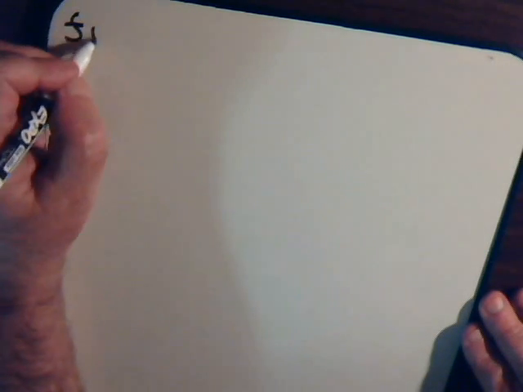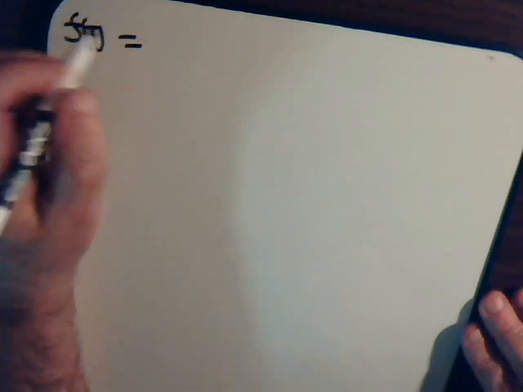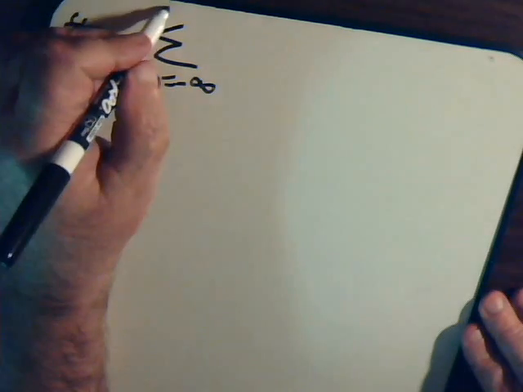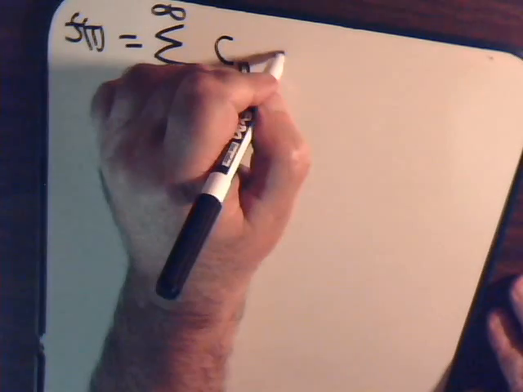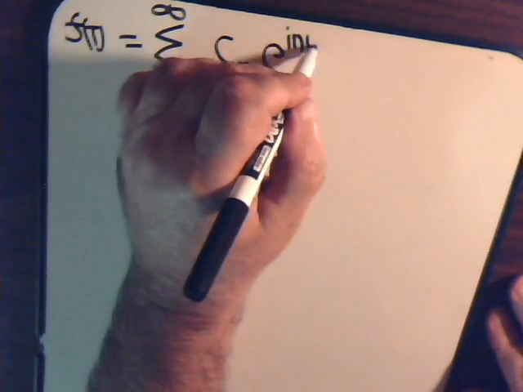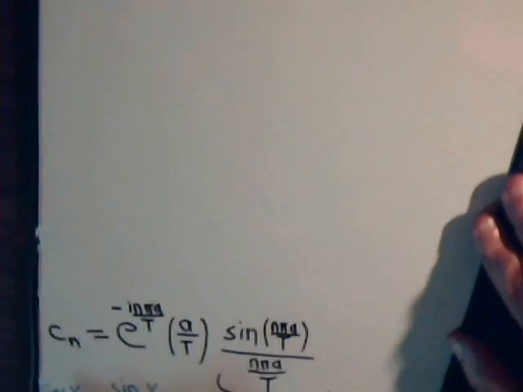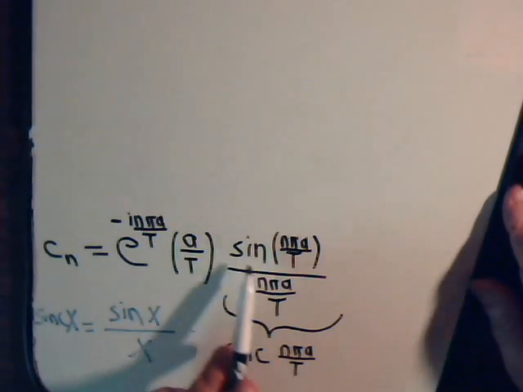So remember that the general formula here for f of t equals the sum from n equal minus infinity to plus infinity of C sub n times e to the plus i n omega t. And now for our problem, Cn is this expression.